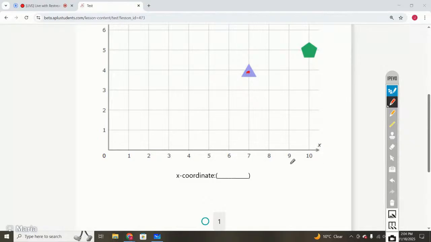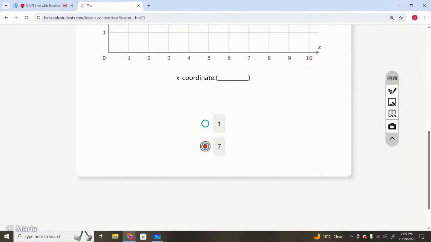This is the horizontal axis. Just match this figure to the x-axis. So the x coordinate is 7. So the correct option is 7. Let's just start with the next one.